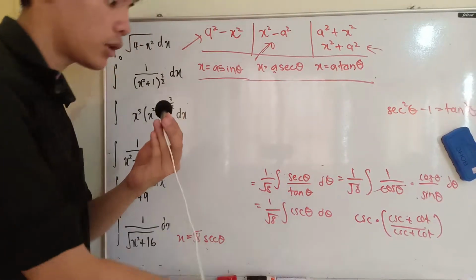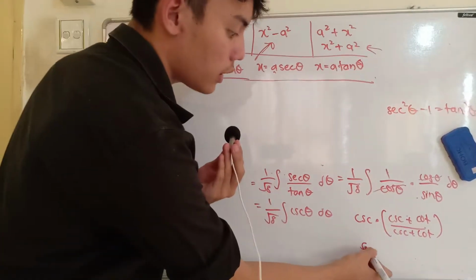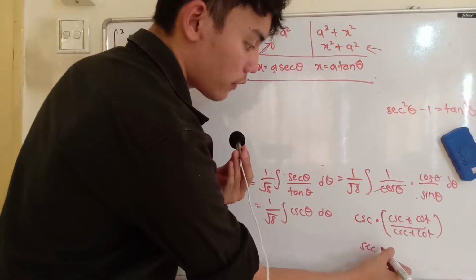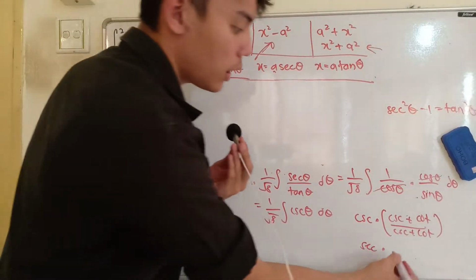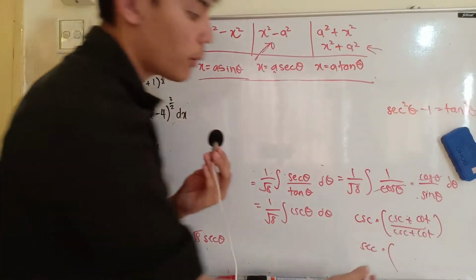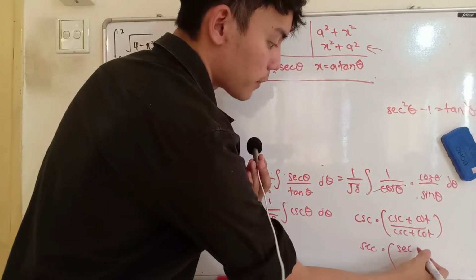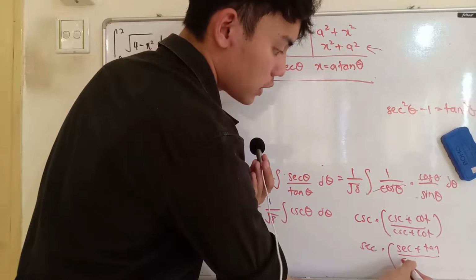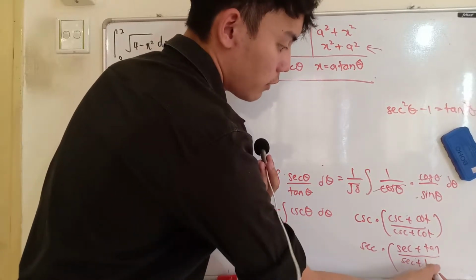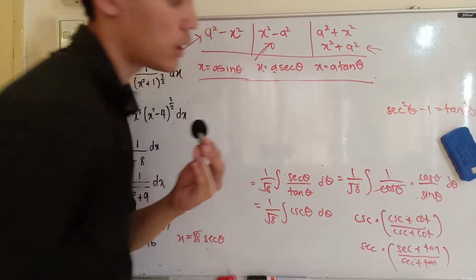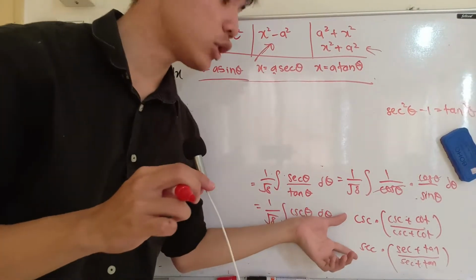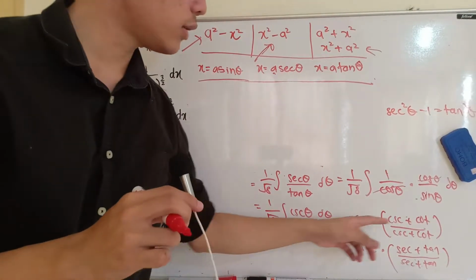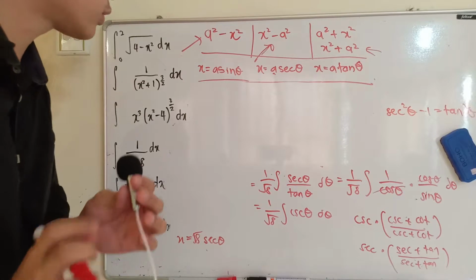If I have secant only, I multiply by secant plus tangent over secant plus tangent. You need to divide by the same thing so they can cancel each other. You need to remember these two. So when we have cosecant, you need to multiply by that one.